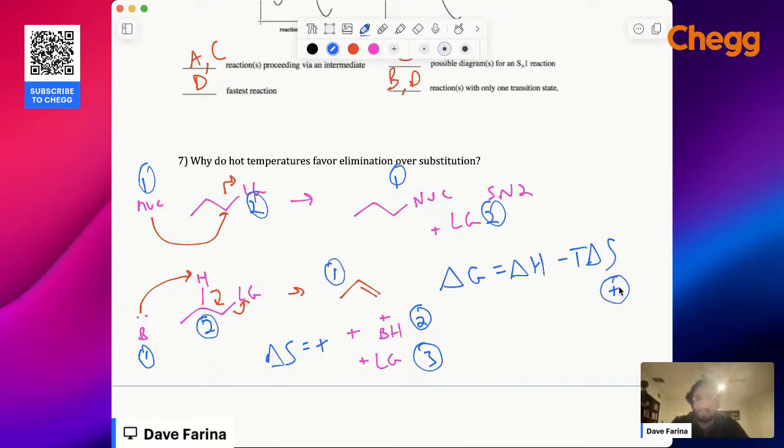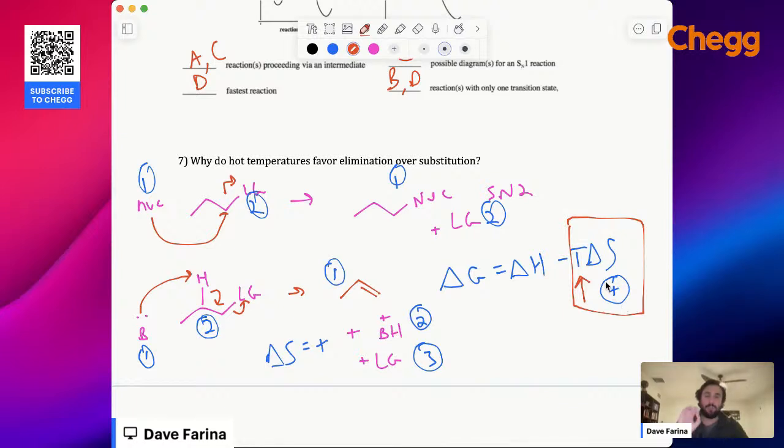So if we have a positive delta S in our Gibbs free energy equation, the higher the temperature is, the bigger this term becomes, right? If we get hotter and hotter and hotter, the entropic favorability term becomes more and more significant, and the more likely that delta G becomes negative or more negative, right? So imagine we have delta H, and then we have this term. The bigger the second term becomes, the more likely that delta G becomes negative.